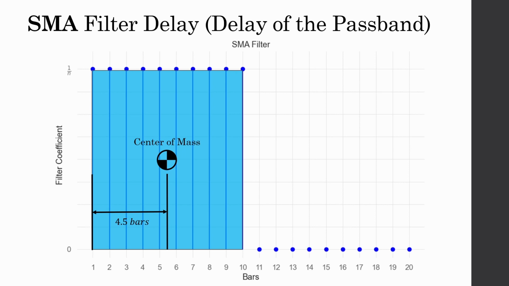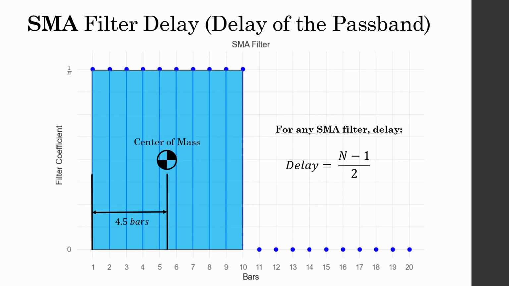Now you'll notice that that 4.5 bars is the same as what we got in our phase delay on the previous slide. This is something unique to the simple moving average. It's not always that the lag of the filter overall is the same as the phase delay. So for an SMA filter, we can calculate the delay as n minus 1 over 2.